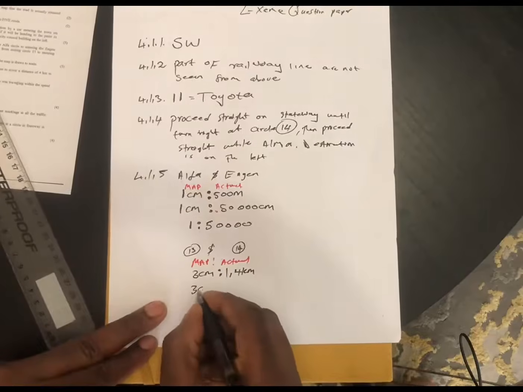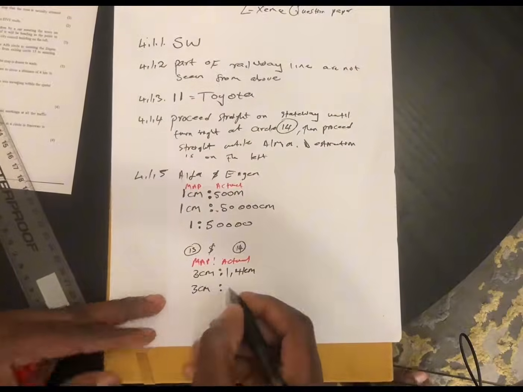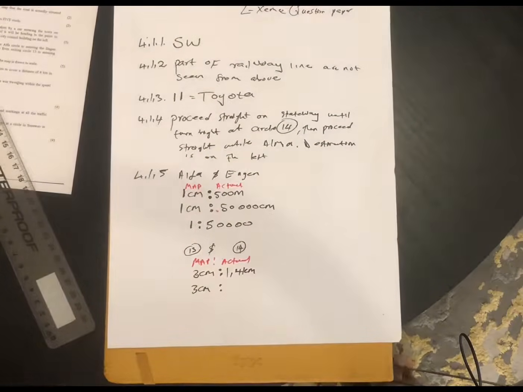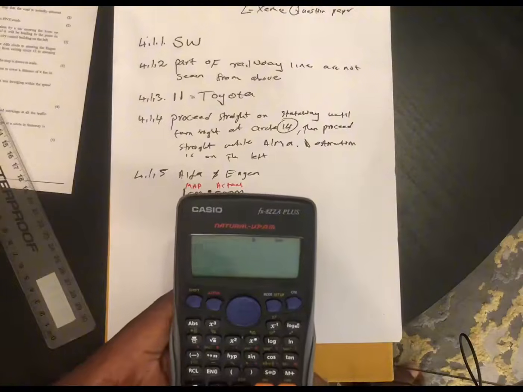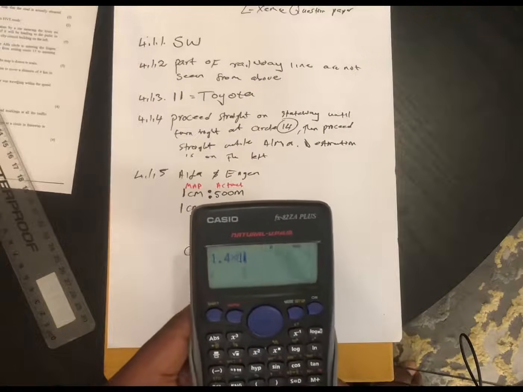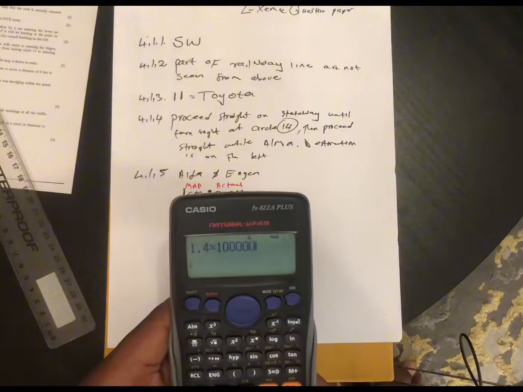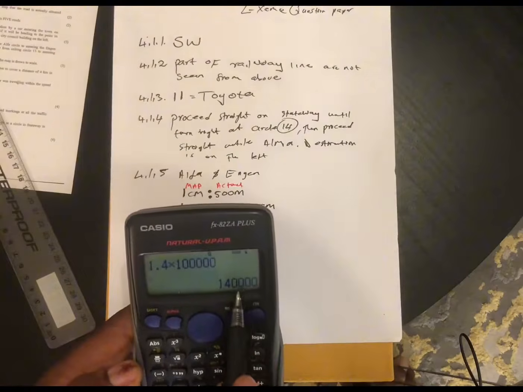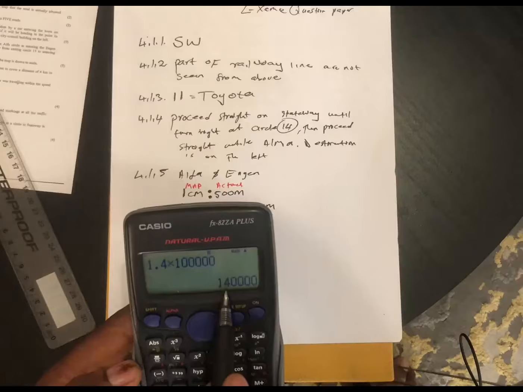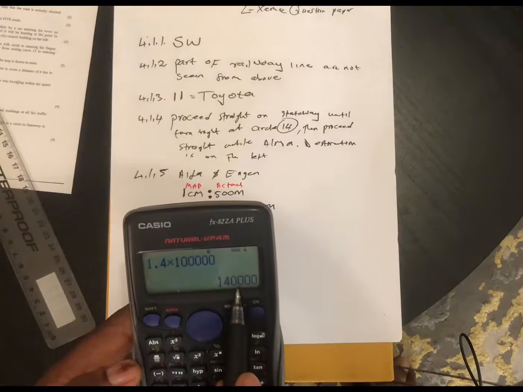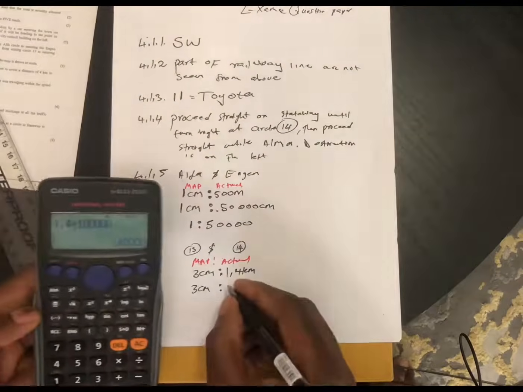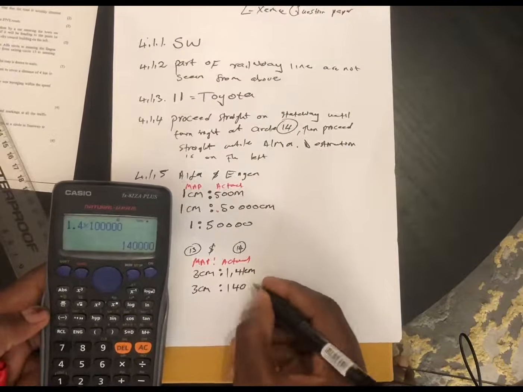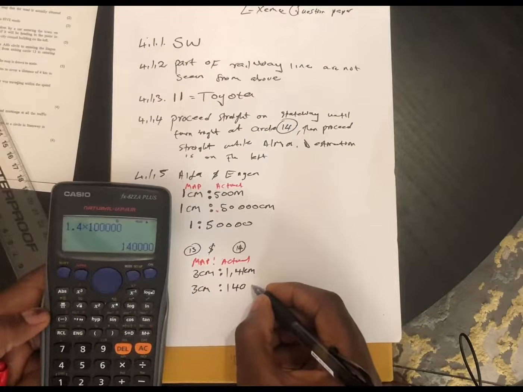We're going to have 3 centimeters is to, how do we convert kilometers to centimeters? We multiply by 100,000. So we are now going to have 1.4 multiplied by 100,000. The answer is 140,000 centimeters.